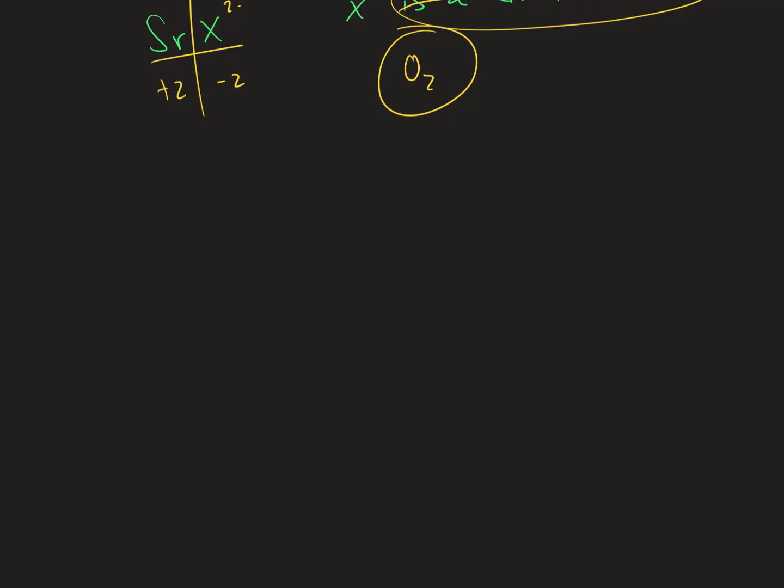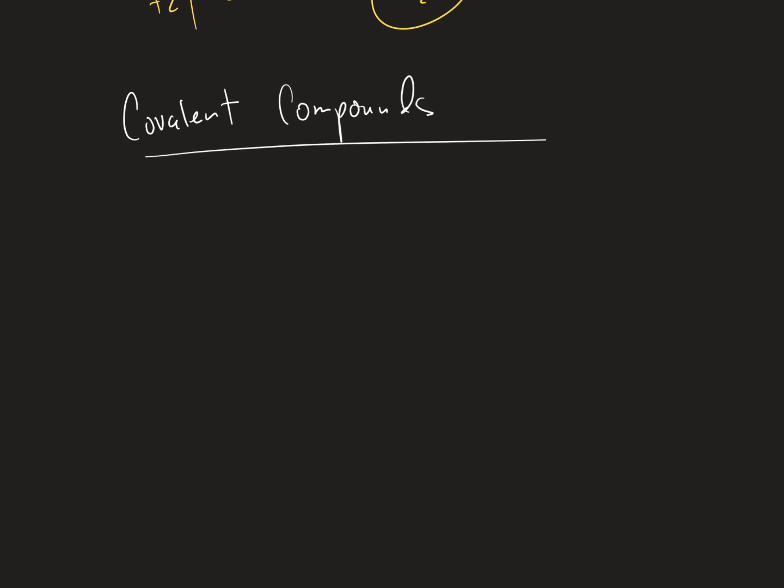All right, today let's talk about the covalent compounds. That's where we ended last time, right? Okay, first of all, how do we know if a compound is ionic? It's not charged. All ionic compounds must be neutral, right?